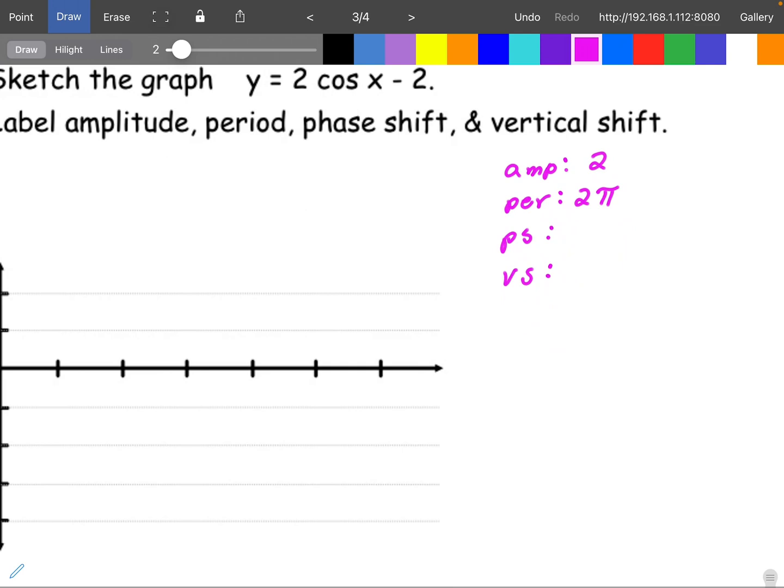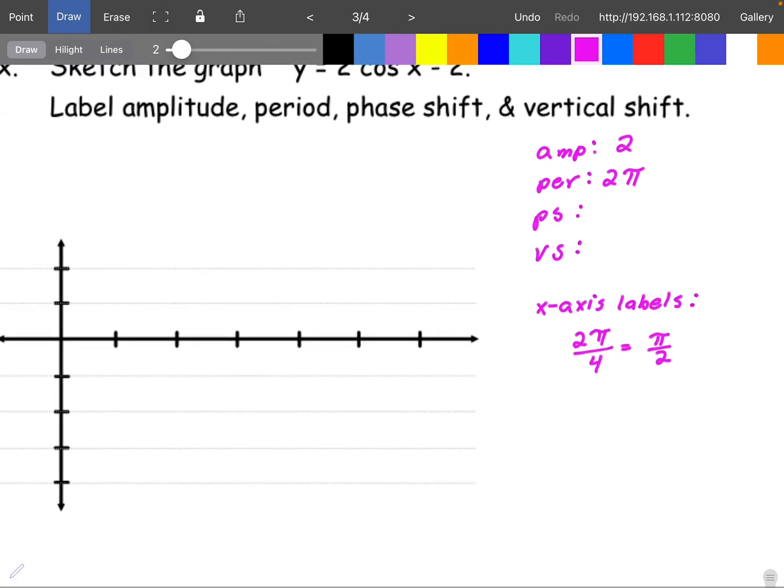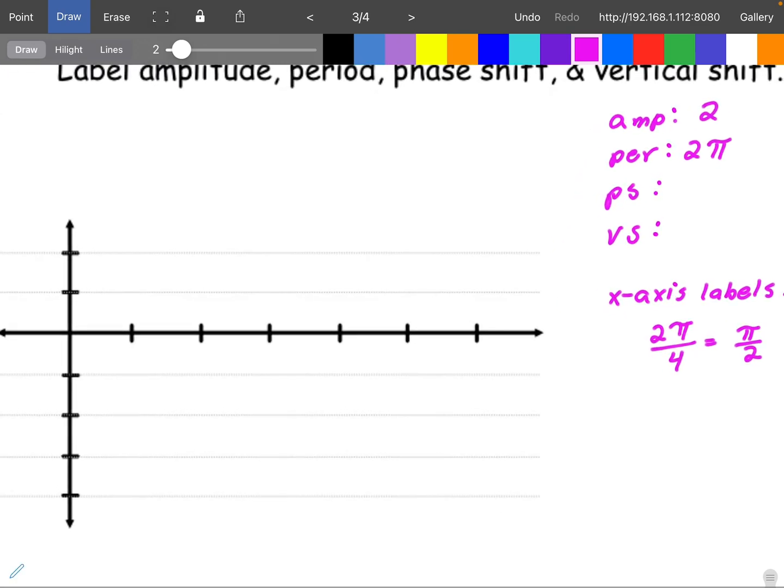Based on that period, my x-axis labels are going to be the same as they were for my parent function. Because I'm going to take my period of 2 pi and divide it into those 4 equal sections, and that gives me pi over 2. So my x-axis labels should be counting by pi over 2.